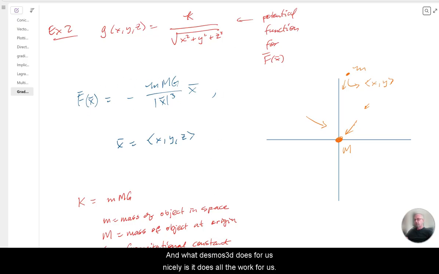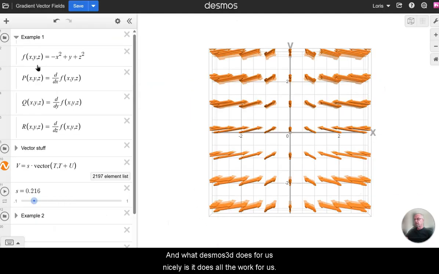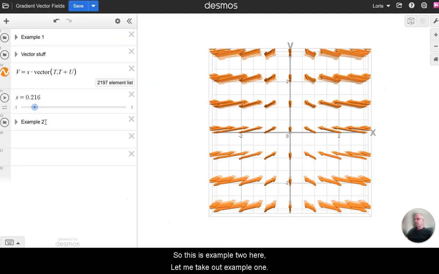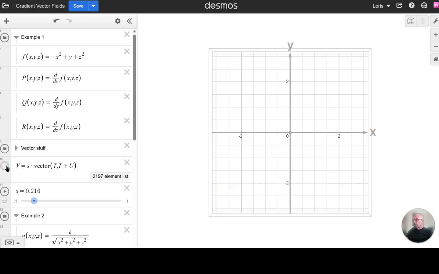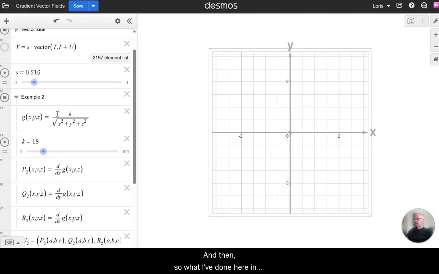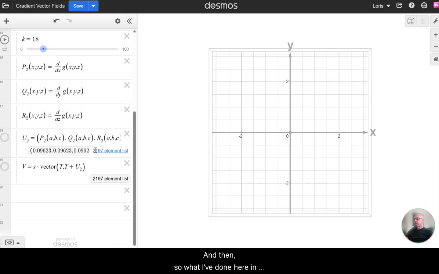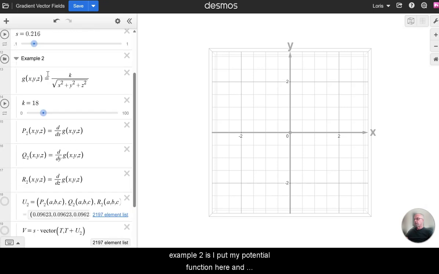And what Desmos 3D does for us nicely is it does all the work for us. So this is example 2 here. Let me take out example 1. There we go. And then what I've done here in example 2 is I put my potential function here, and then in Desmos 3D, I called it P2, Q2, and R2 to differentiate it from the other ones.